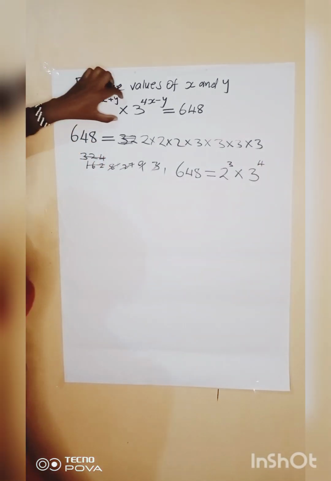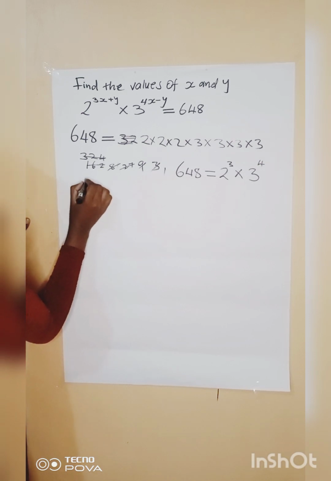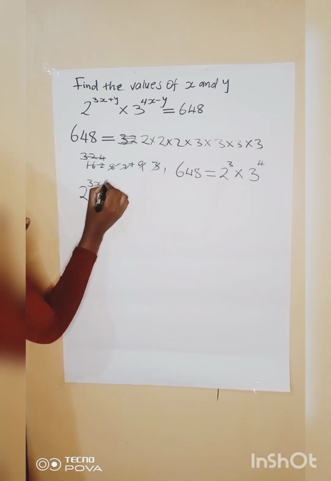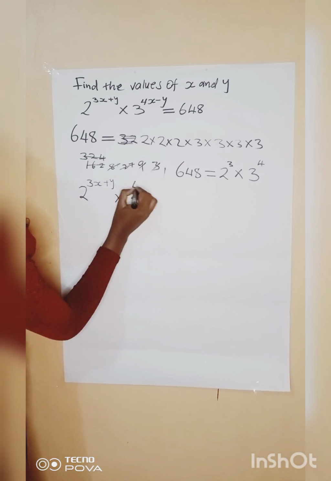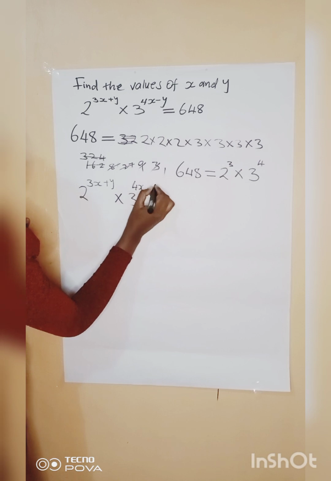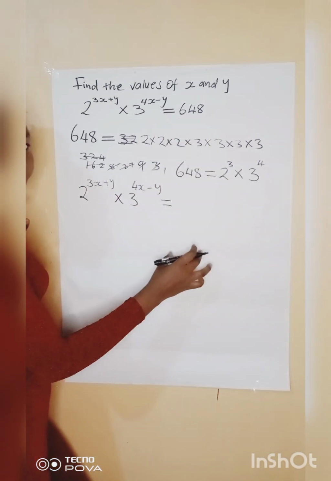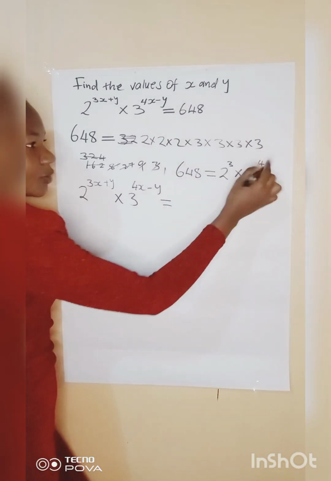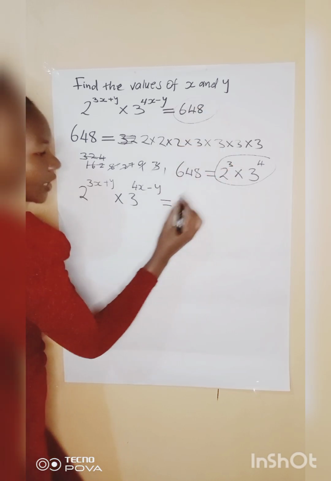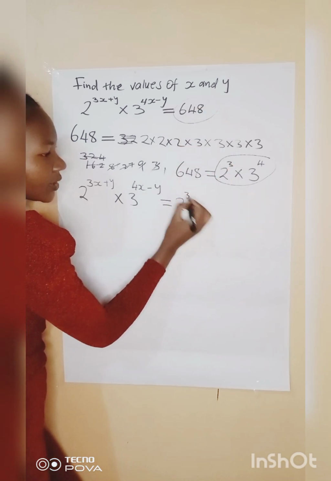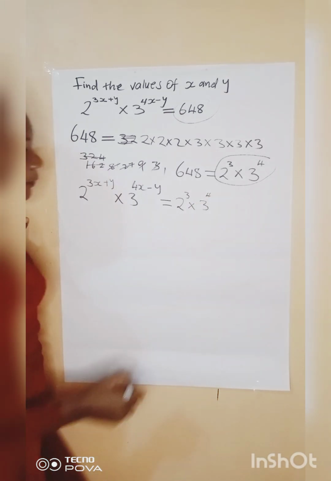We can write this equation again here, whereby we have 2 raised to power 3x plus y times 3 raised to power 4x minus y is equivalent to 648. Now, instead of writing 648, we are going to replace it with these numbers here. So we write 2 raised to power 3 times 3 raised to power 4.